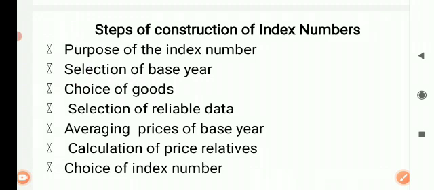Without reliable, accurate data, we are not able to find out the percentage changes in the price of a particular commodity in different time periods. So reliable data helps us to get accuracy in the percentage of different goods and services, that is known as index numbers.